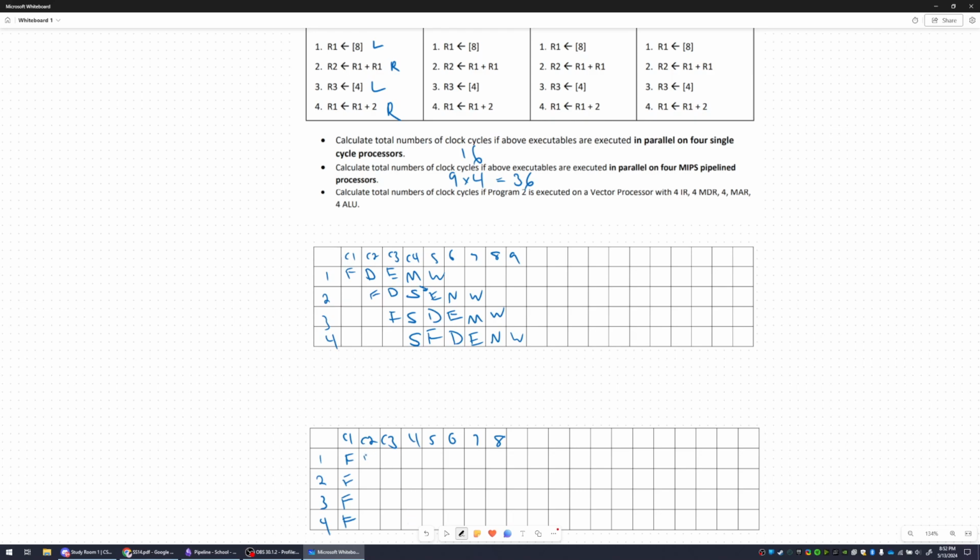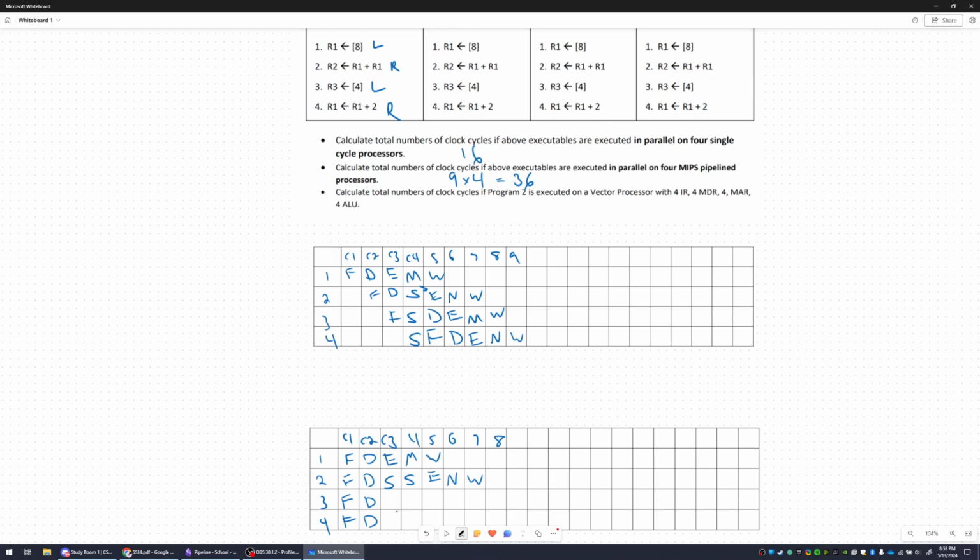They can all be decoded at the same time. This first one can exec, mem, and write back, no issue, because it's the first line of code. But is there any data dependency? This on this, right? So we have to wait for the mem stage. So this has to stall again, and then you can forward it here. So now it can do exec, no op, write back.